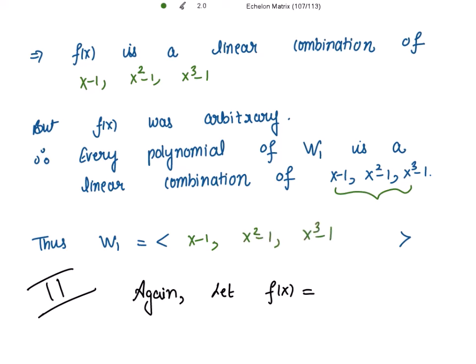Okay, let's move on to the subspace W2 and find the generators for W2.